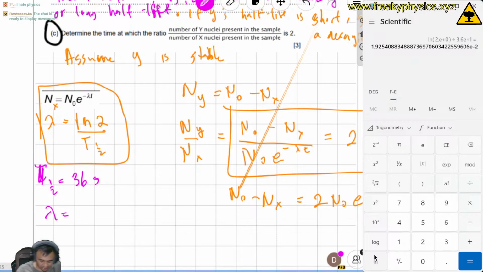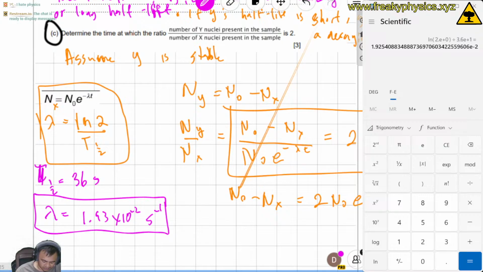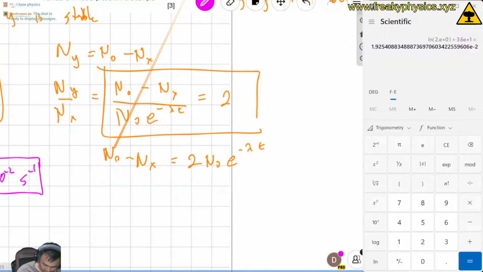So our lambda, our decay constant here, is 1.93 times 10 to the minus 2. This is going to be per second. Okay, that's the decay constant. Okay, let's put that into the formula from here.